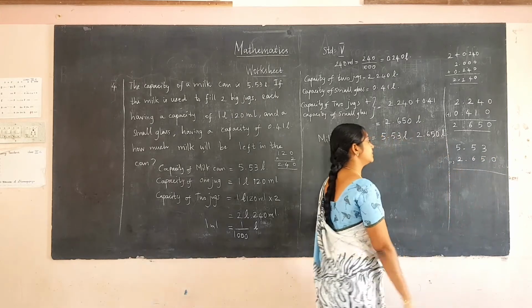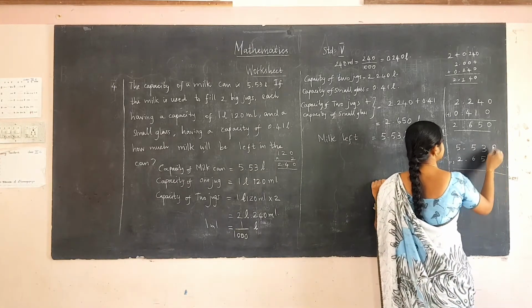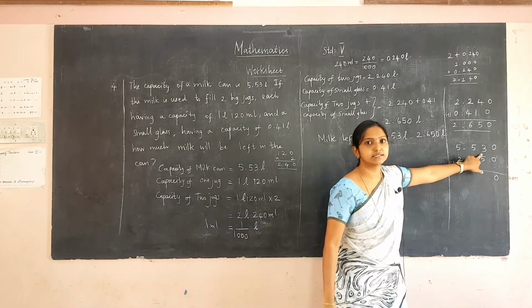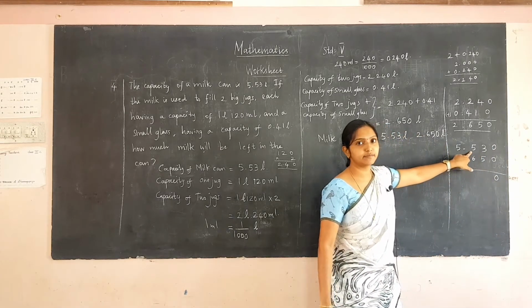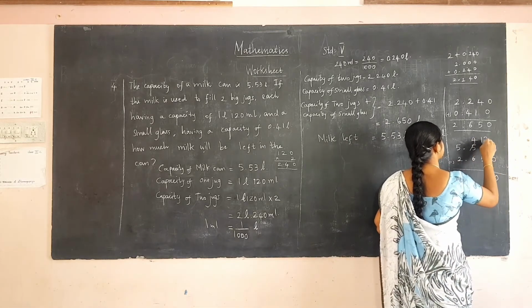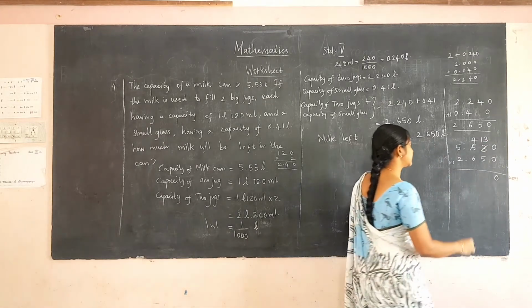Convert this into like decimal by putting a 0. 0 minus 0 is 0. Here 5 is greater than 3. So, we have to borrow from the before number. So, 5 will be changed as 4 and 3 will be changed as 13. 13 minus 5 is 8.